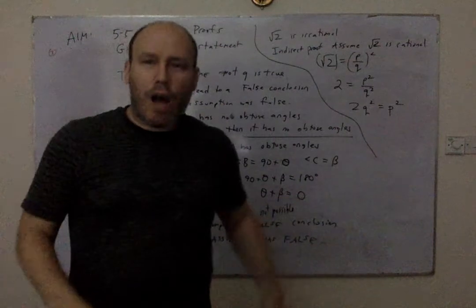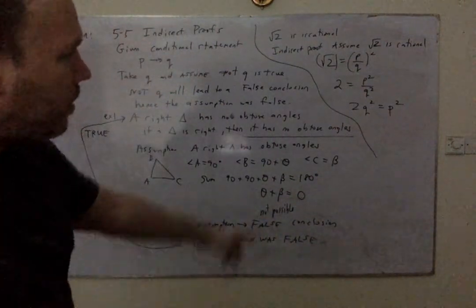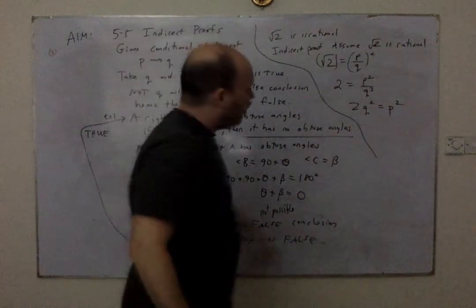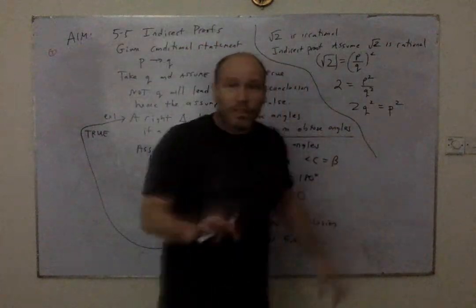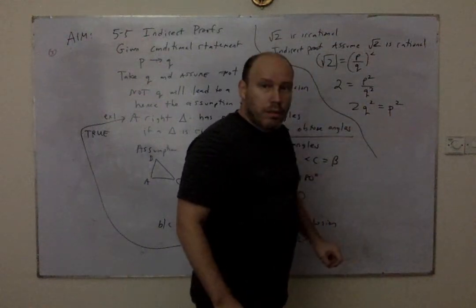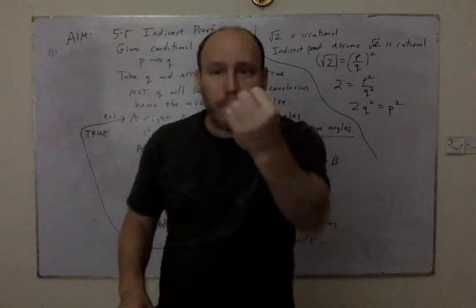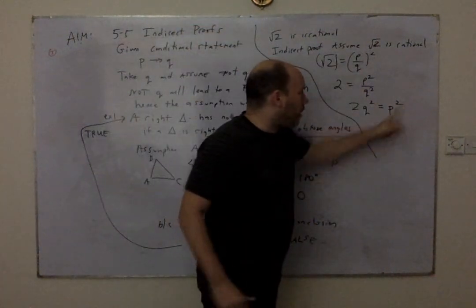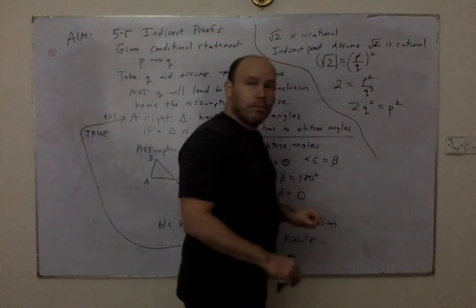Does anyone see the contradiction? Well, once again, it's advanced for this class, but I'll just say, look at P squared. P squared is something times something, right? But how could something times something be equal to 3 things?